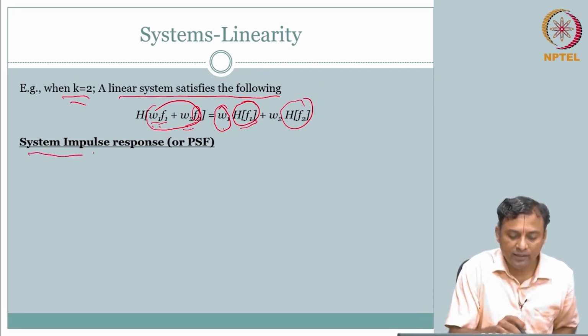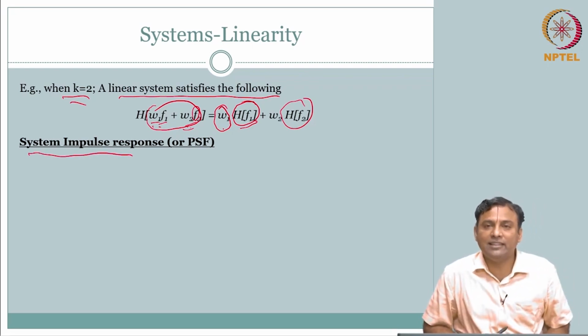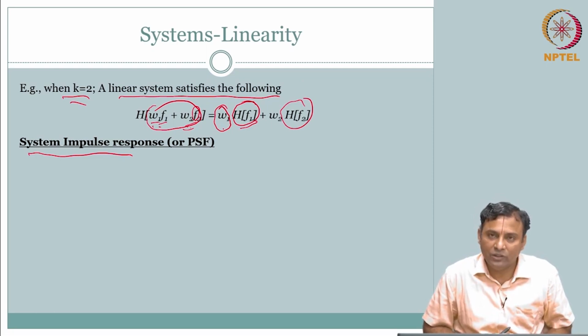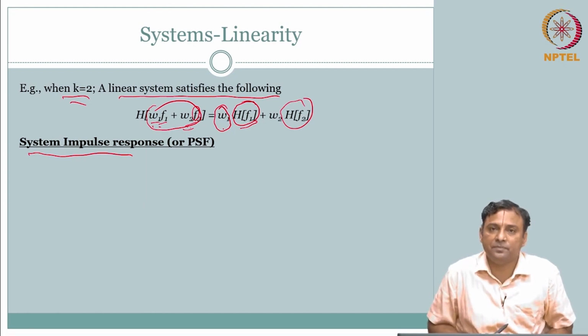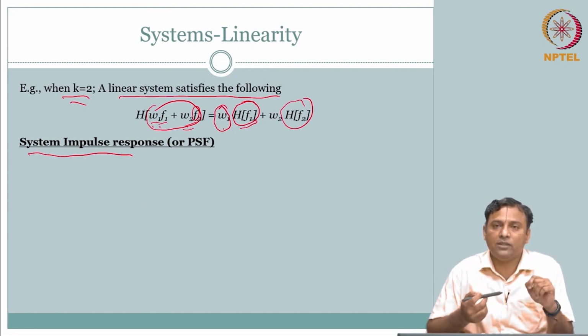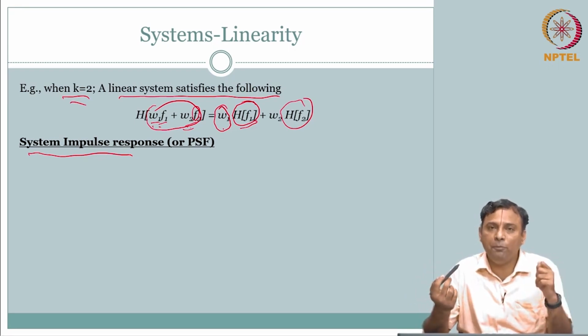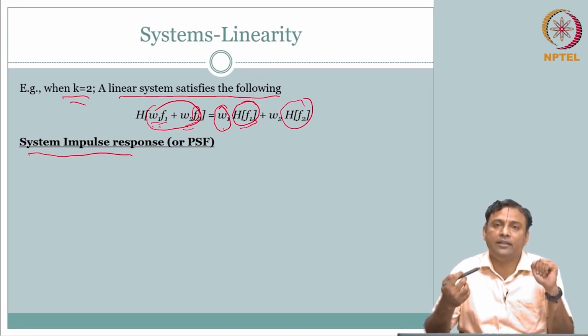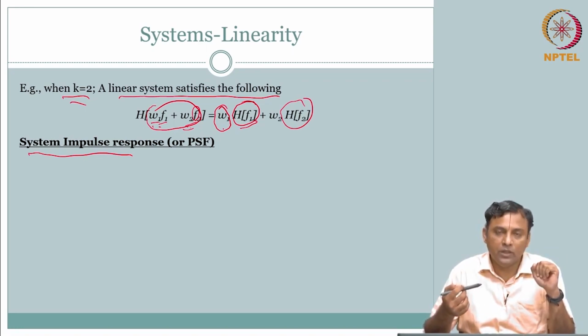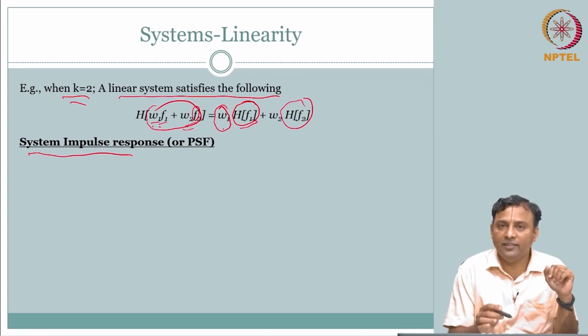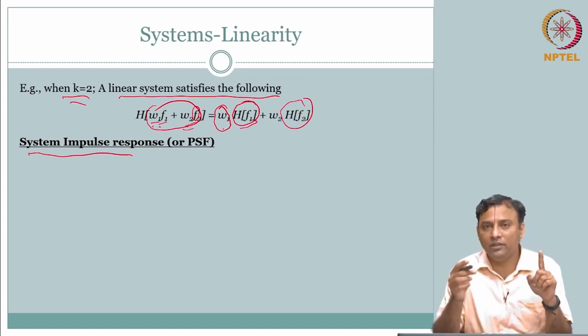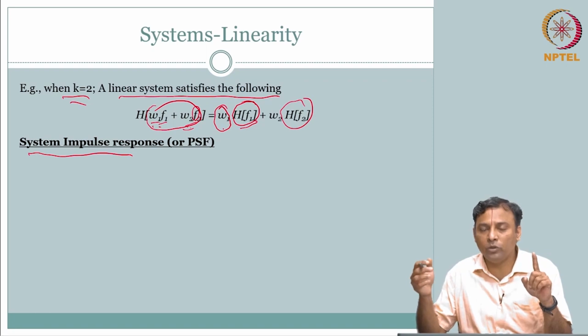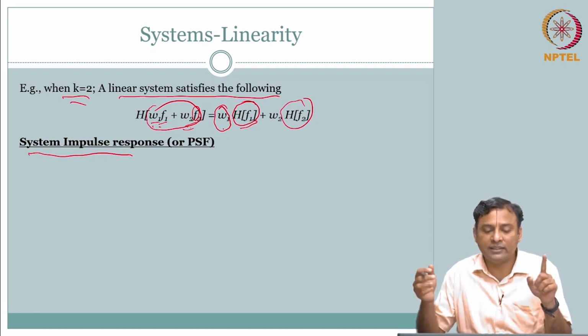So the idea is, that is an interesting signal. Now what happens if you present that signal to the linear system? What happens to the output if my input is that interesting signal, which is nothing but a point impulse? As you know from your 1D, when I put the delta function as input, the output that you get is called your system impulse response.